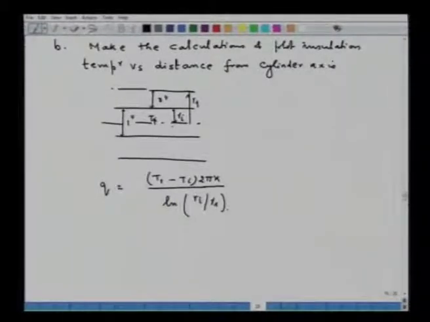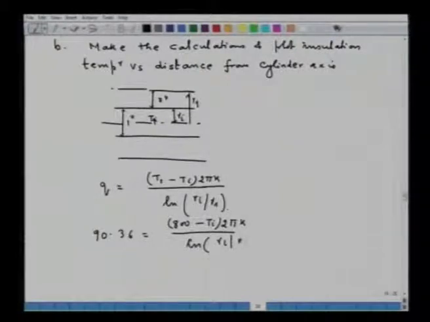So, what we will do? We know the value of Q, of course, this is per meter. So, we have calculated Q as 90.36, that is equal to (800 minus Ti) into 2 pi k upon ln(Ri upon R1). So, I will substitute the various values.